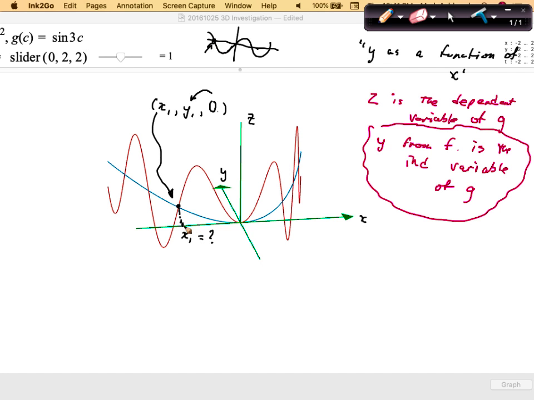For y? Right. So if we're doing z as a function of y, what point are we looking for? This one, right?